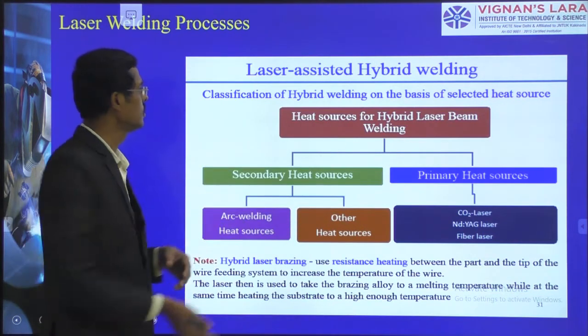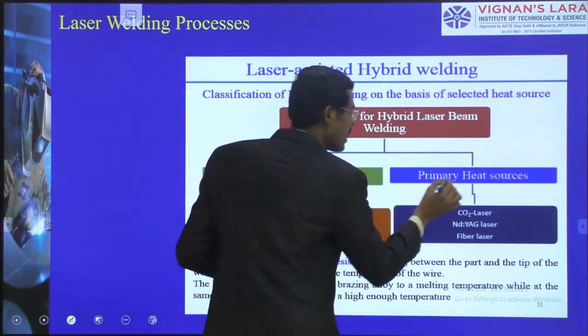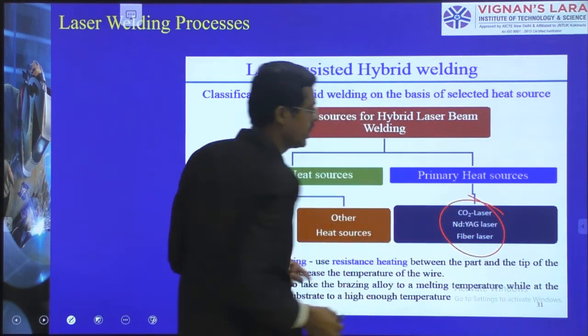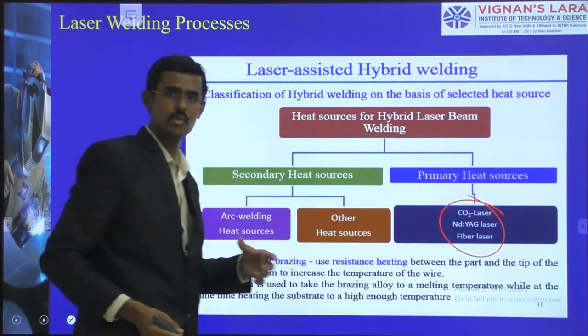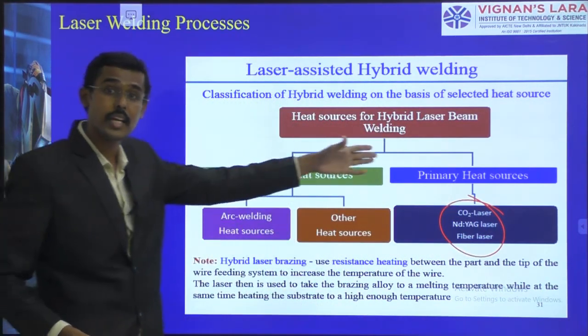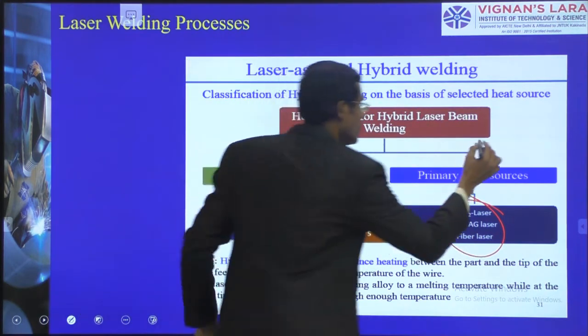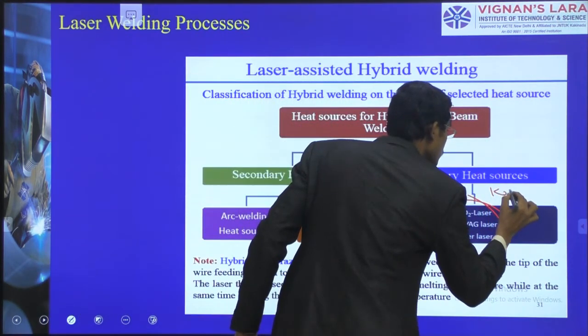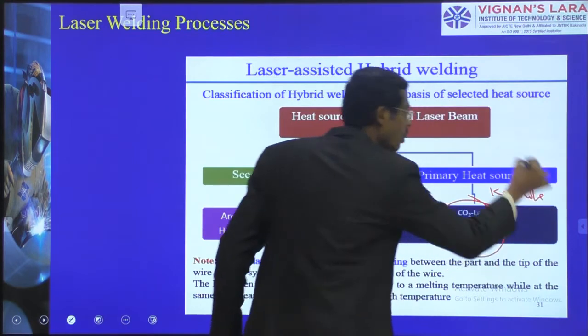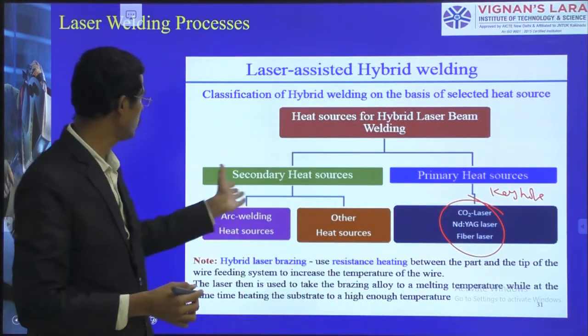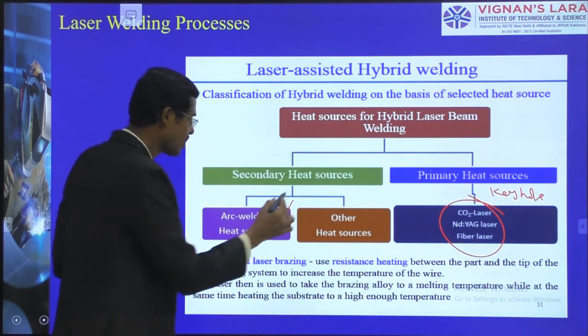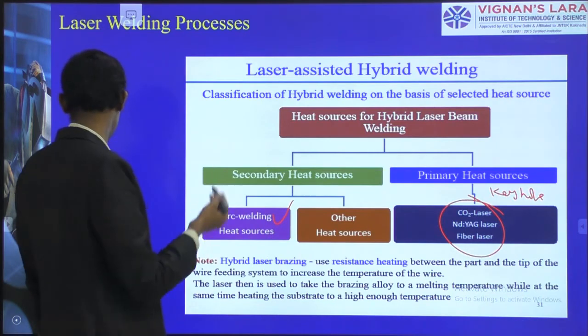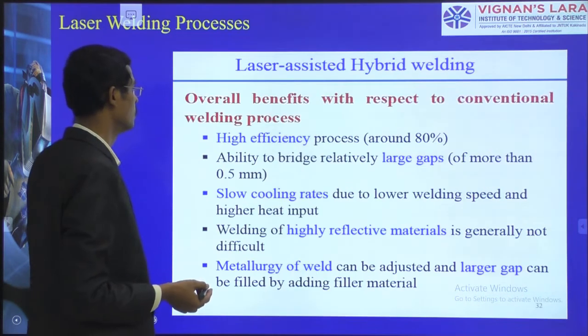What I am doing here: the primary heat source of the hybrid is laser. We use CO2 laser and fiber lasers. What is the second source of heat? The primary heat is for making the keyhole, so it is a keyhole. These holes are to be welded by the second heat source, the arc welding method. In such cases we are able to do it.